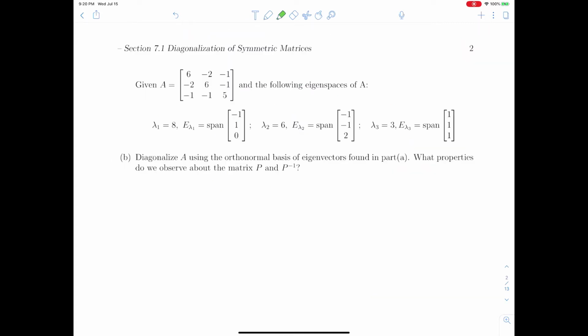So now we can diagonalize A using the orthonormal basis of eigenvectors found in the previous part.